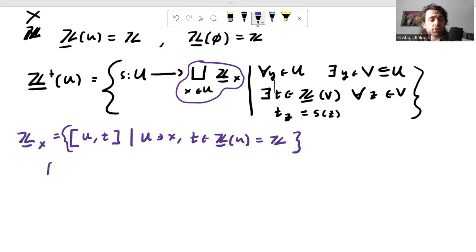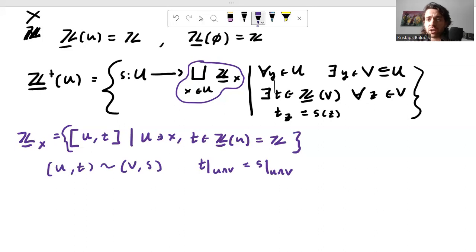And the equivalence relation on pairs says that (U, T) is equivalent to (V, S) if and only if T restricted to the intersection is equal to S restricted to the intersection, right?